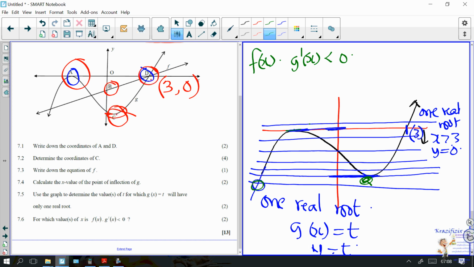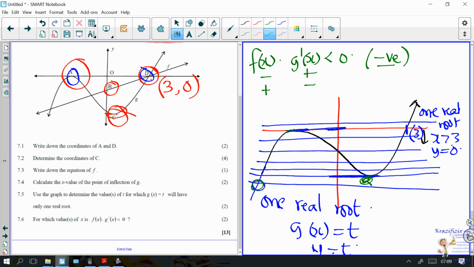It's a straight line. For this to be less than 0, the product must be negative, which means I must get a negative here and a positive here, or a positive here and a negative here. Once I get that, I get a negative answer, which gives me less than 0.